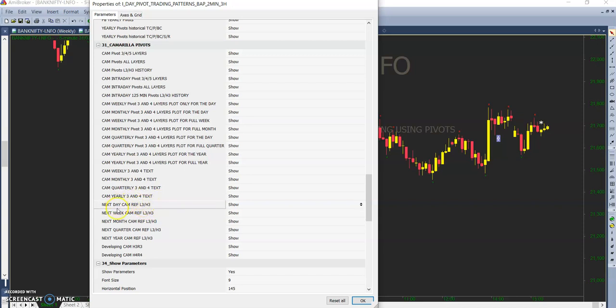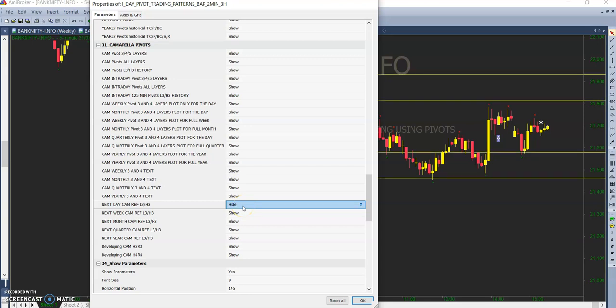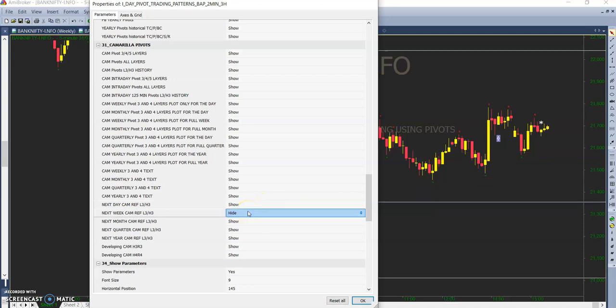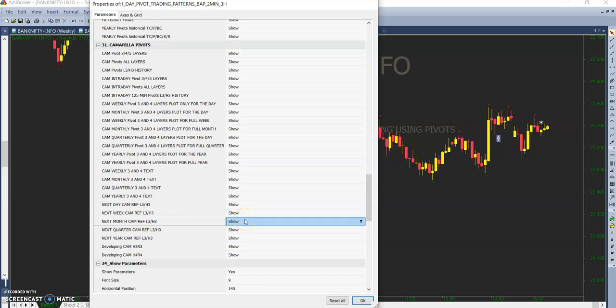The next section plots the future pivots. This is next day's camera H3, H4 and S3 and S4 pivots. Similarly next week's camera level 3 and level 4 pivots, and similarly next month's camera level 3 and level 4 pivots, and similarly next quarter's camera level 3 and level 4 pivots.